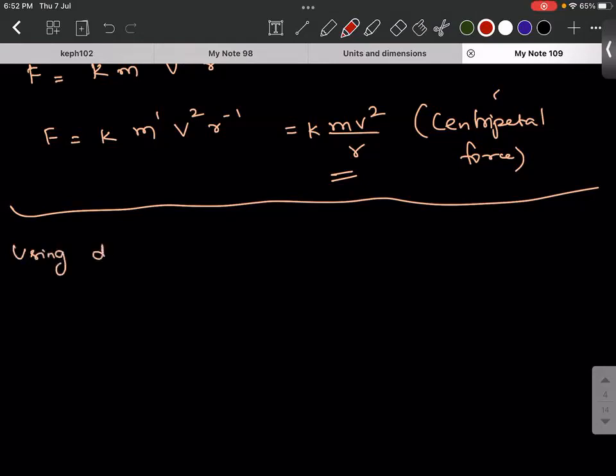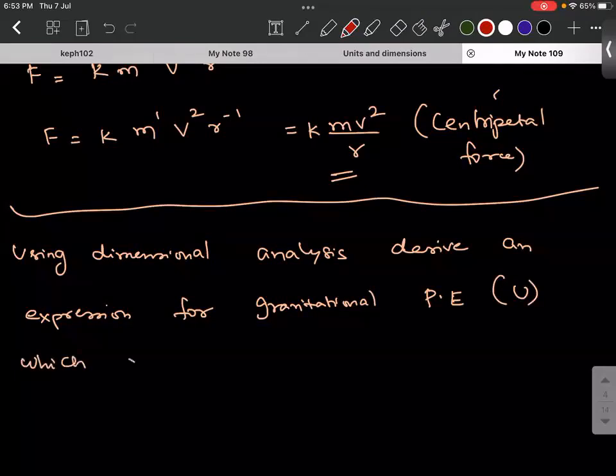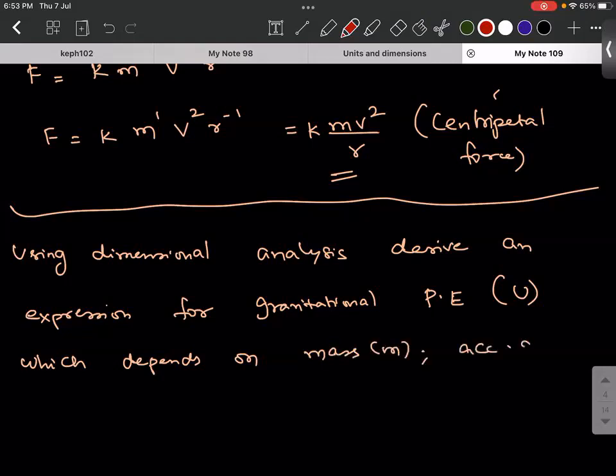Using dimensional analysis, derive an expression for gravitational potential energy, that is U, which depends on mass m, acceleration due to gravity g, and height h.